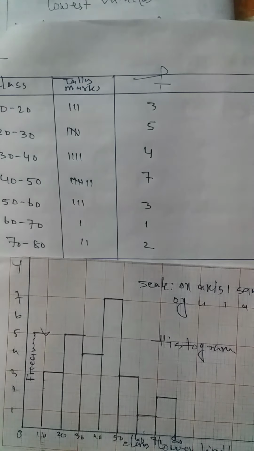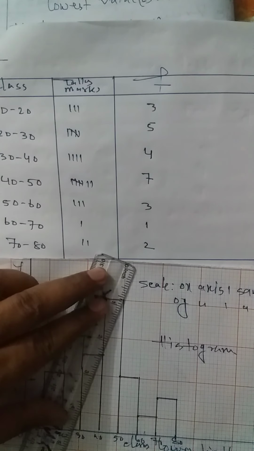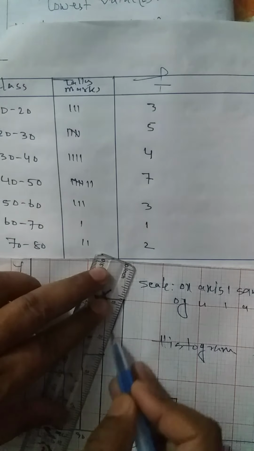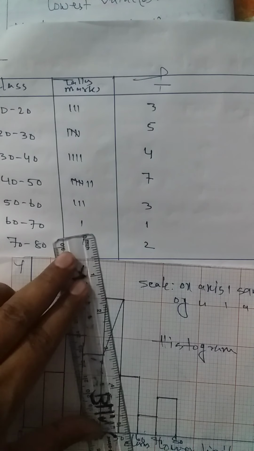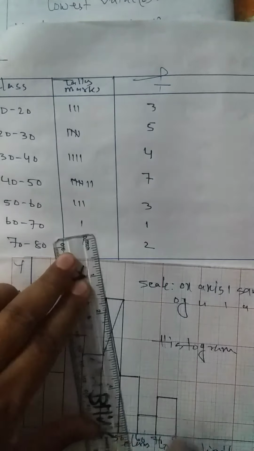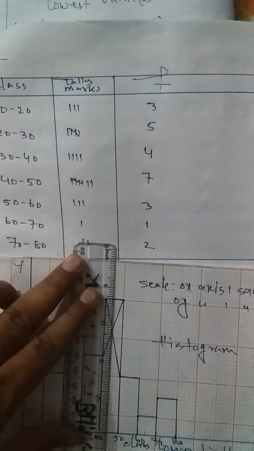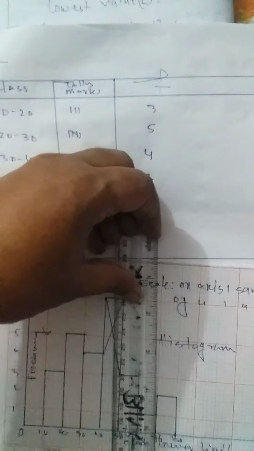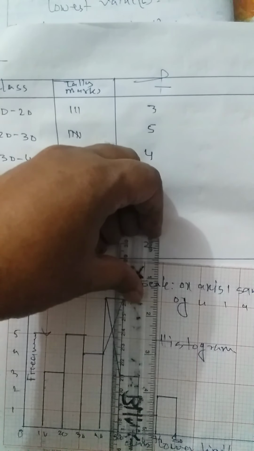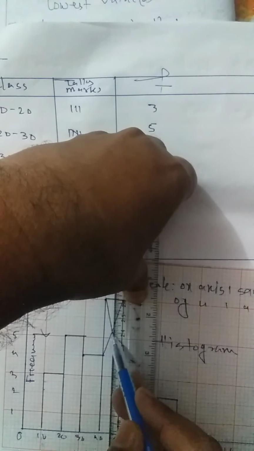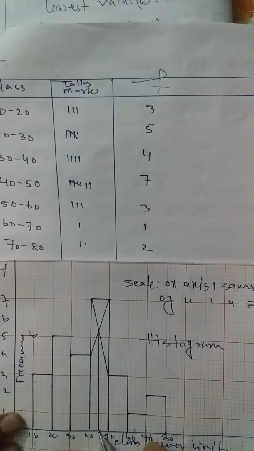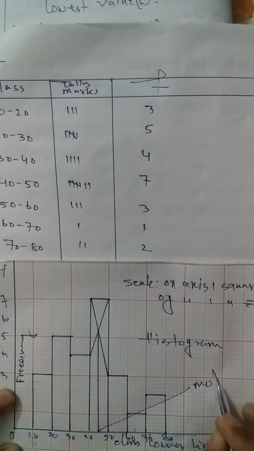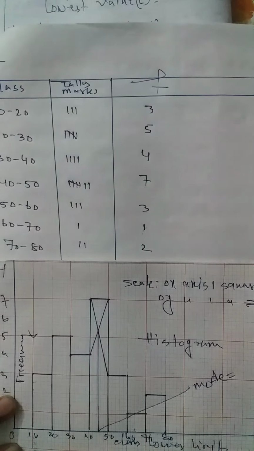Then at the point where two lines cross, the horizontal point given is the modal value. This is the modal value. Modal value or mode, same.